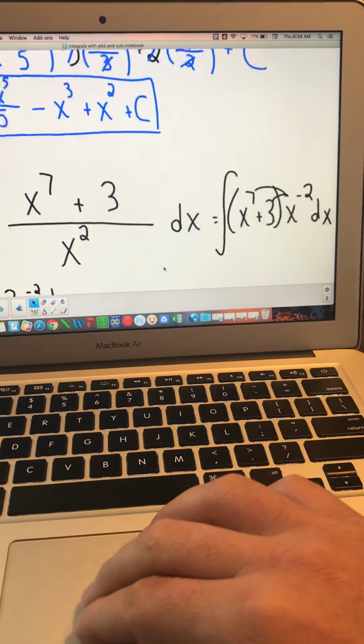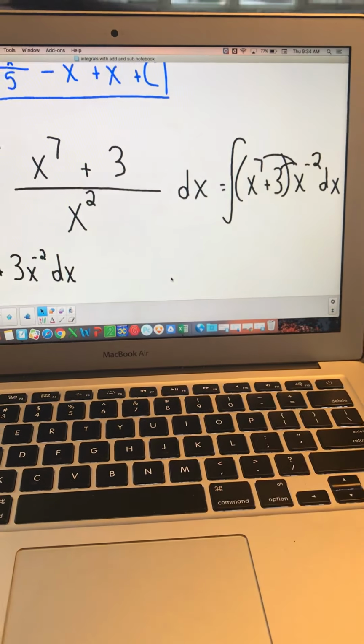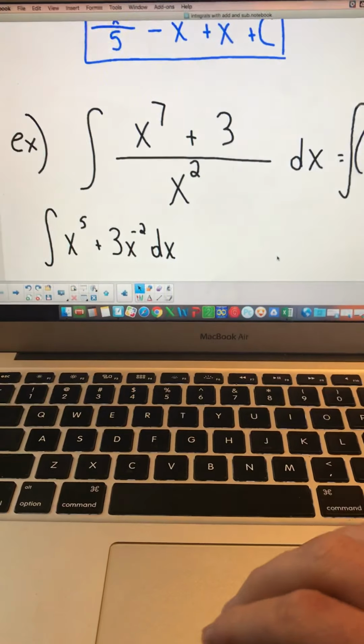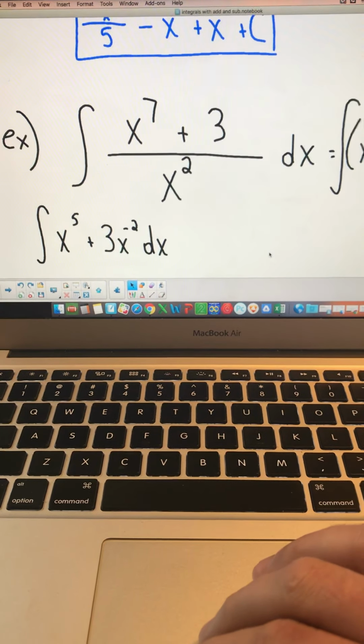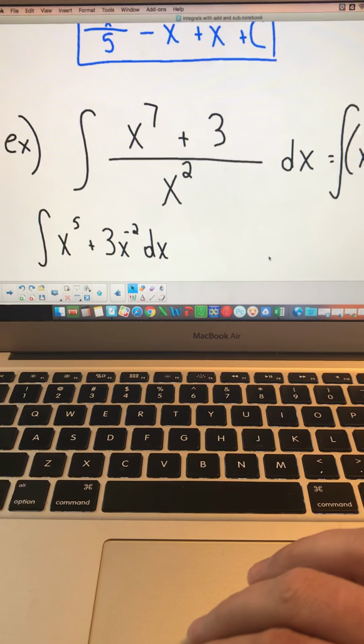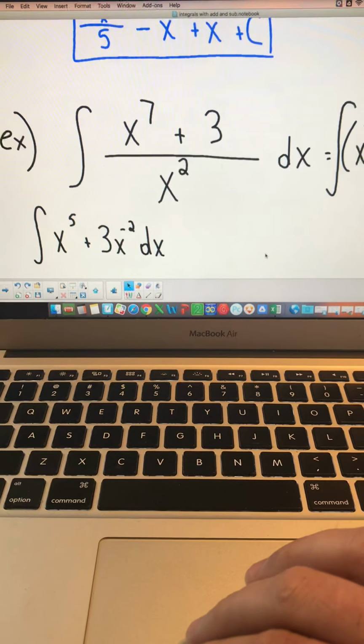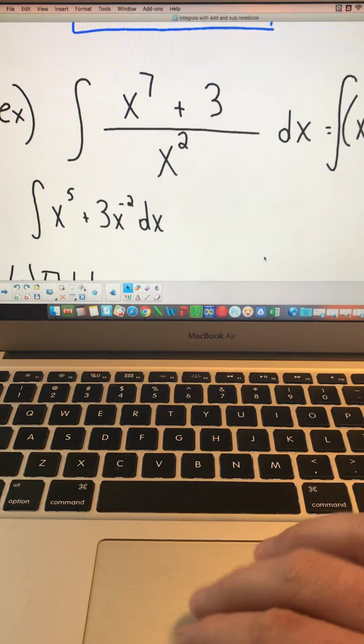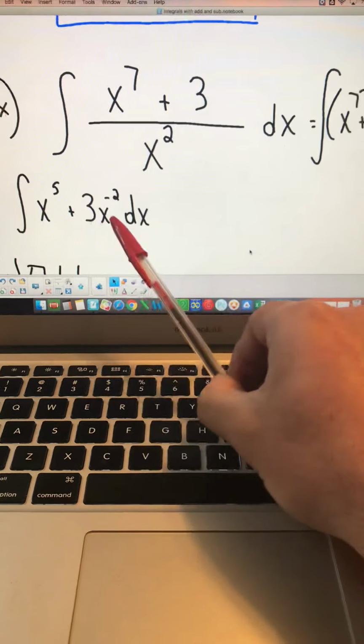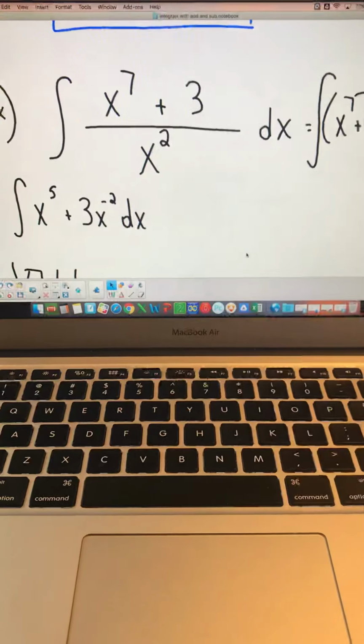So what ends up happening is it becomes x to the 5th plus 3x squared. All right? Now from here, we're good. All exponents, no fractions, we're good.